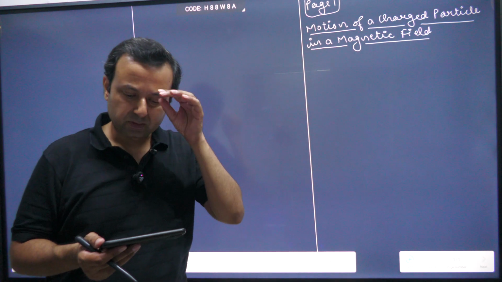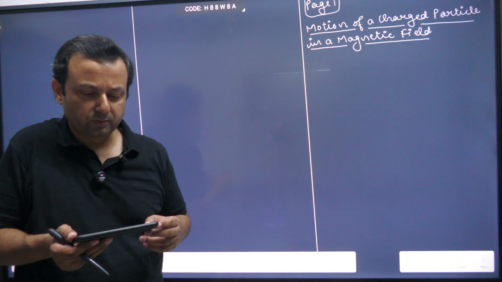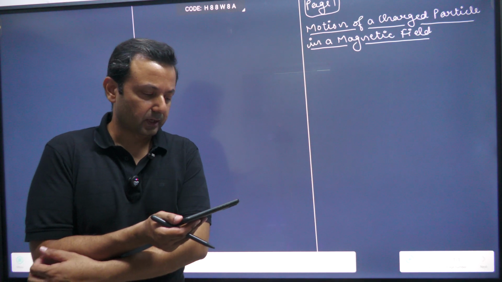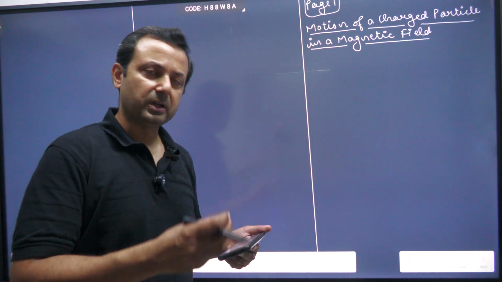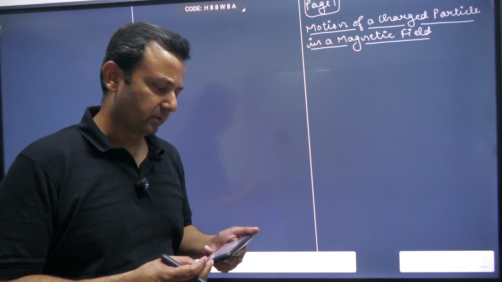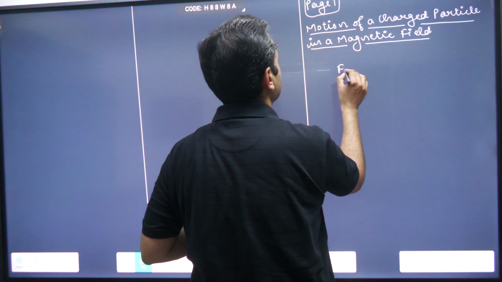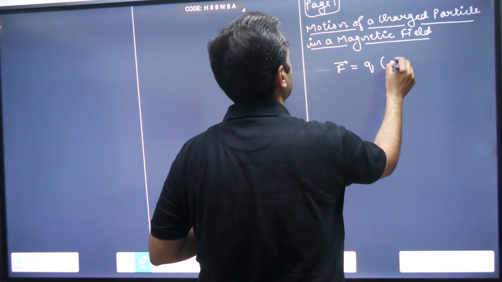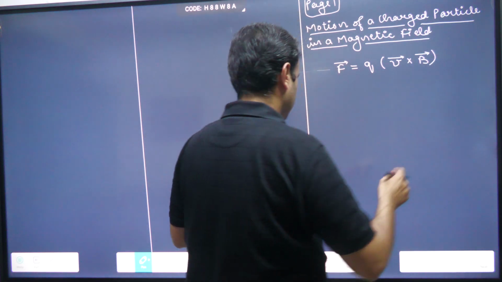When a charged particle q moves in a magnetic field B vector with a velocity v vector, then it experiences a force. F vector is equal to q into v vector cross B vector.